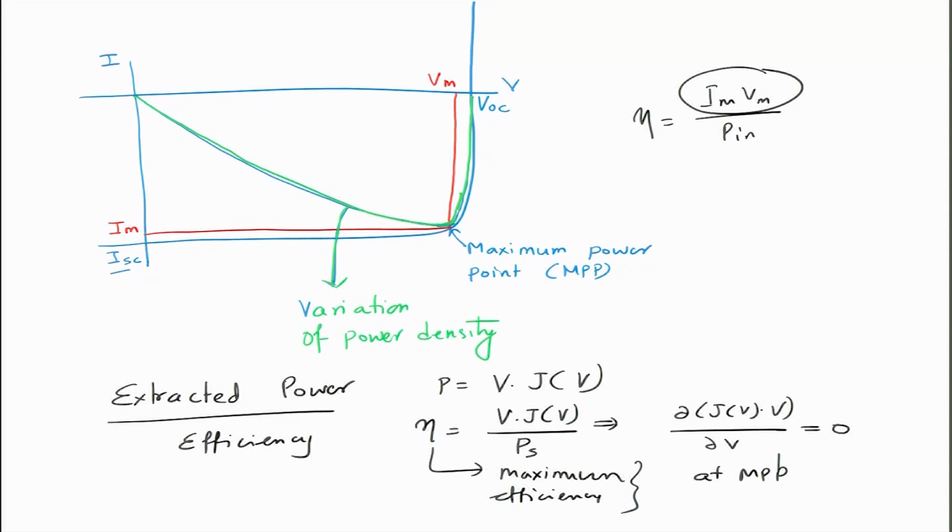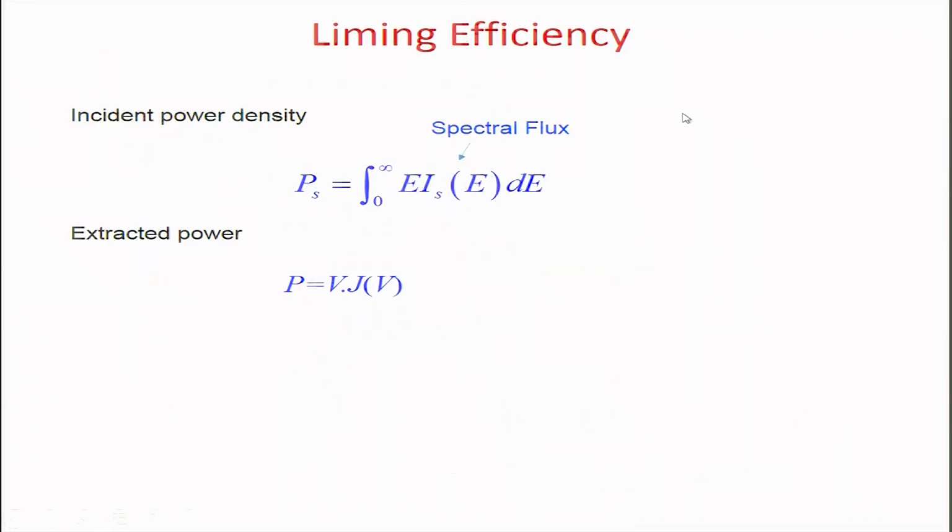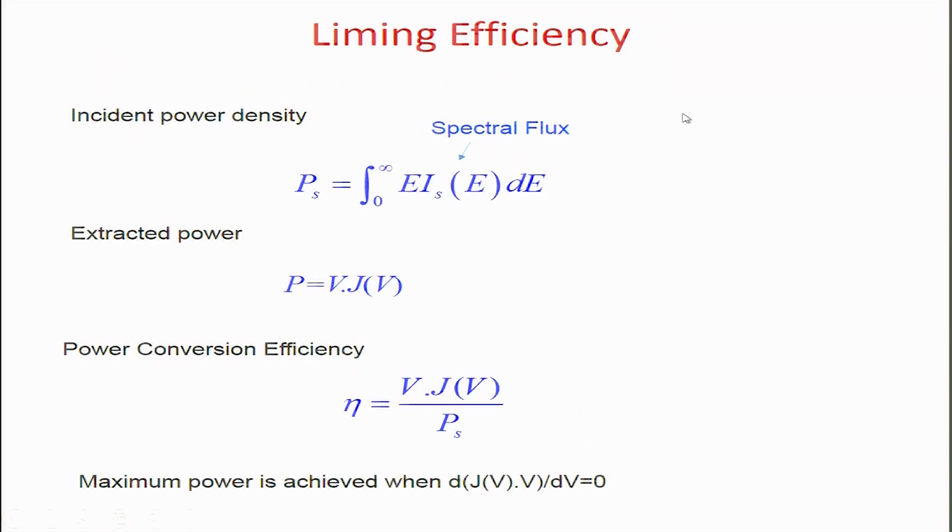Now, let us see a couple of more things relevant to the solar cells, that is, this is what we did here. So, your incident spectral power density is this E into ISDE, and extracted power is P into JV or IV, if you take the area into consideration, and then power conversion efficiency is V into JV divided by PS.